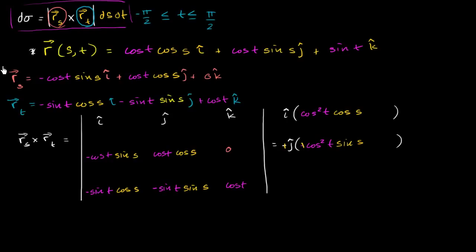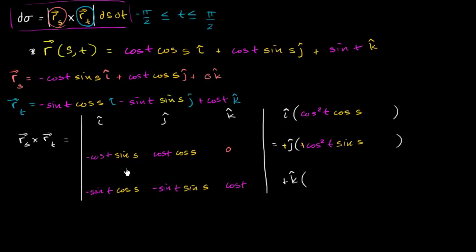And then finally, you have the k component. And once again, you go back to positive there. Positive, negative, positive on the coefficients. That's just evaluating a 3 by 3 matrix. And then you have plus k times, and now this might get a little bit more involved because we won't have the 0 to help us out. Ignore this row, ignore this column, take the determinant of this sub 2 by 2. You have negative cosine t sine s times negative sine of t sine s.